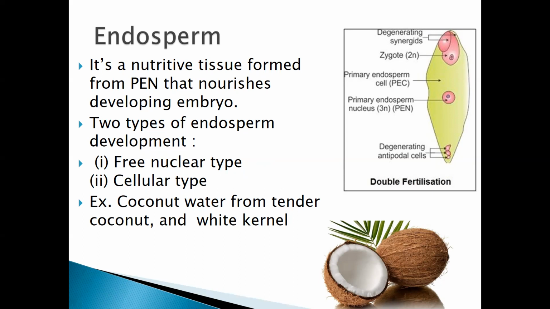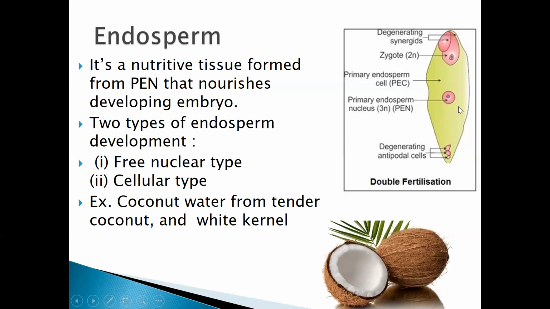And students, how does the formation of endosperm take place? In the megasporangium there is an embryo sac, you remember. There are antipodal cells, the synergids, the egg cell. So in double fertilization, what happens? One male gamete fertilizes the egg, and the other male gamete goes and fertilizes the central cell, that is the polar nuclei, forming a triploid primary endosperm nucleus.